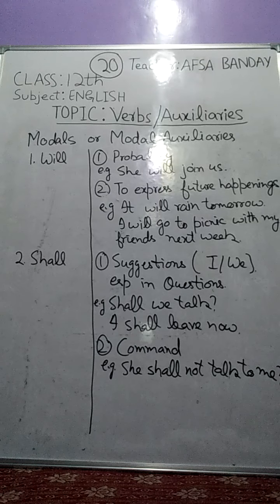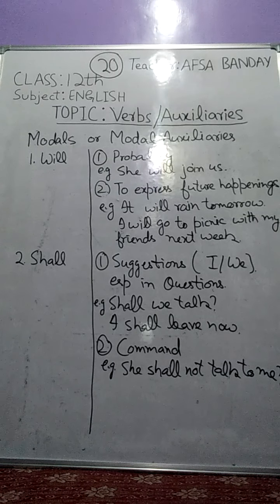Number two, to express future happenings, but especially where you are not certain, and where you haven't decided anything about the future, at that time you also use will. Like we say, it will rain tomorrow. So it is a future happening. Tomorrow it may rain or it may not.